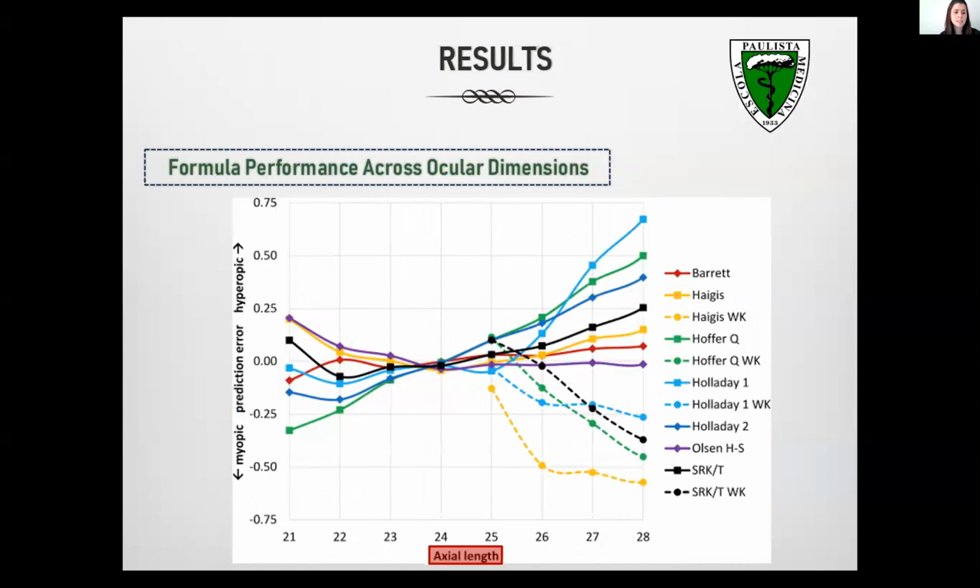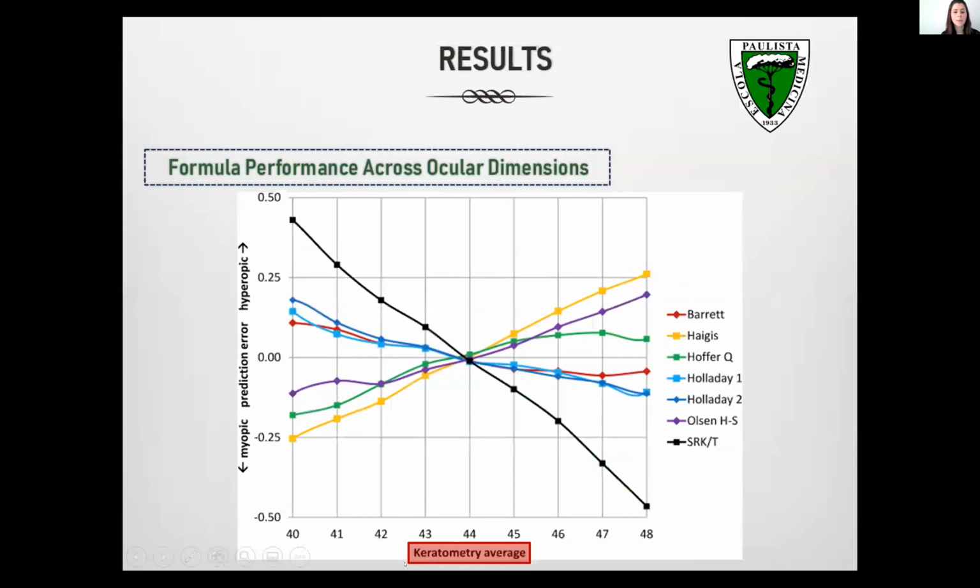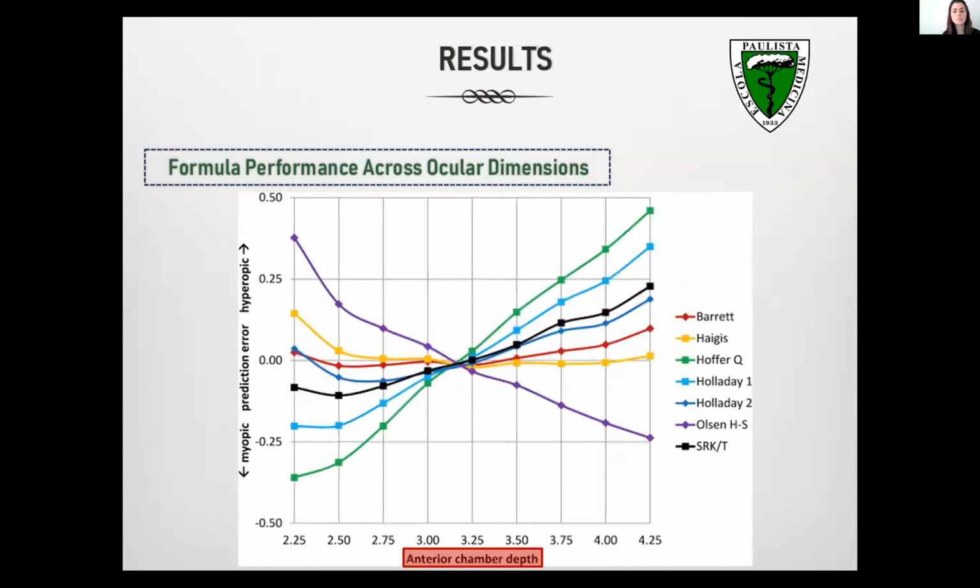Then they displayed some graphs representing the mean variation in prediction error for some ocular dimensions. This first one shows the variation with the axial length. And concerning the keratometry, the SRK/T, in the black line in particular, is adversely affected by eyes that have flat or steep corneas, much more than the other formulas.